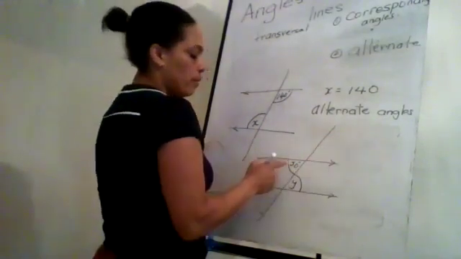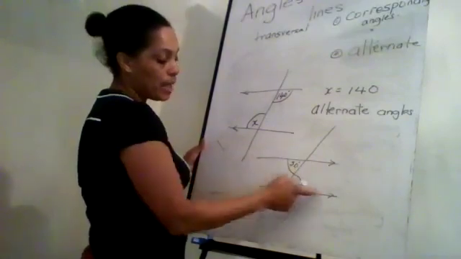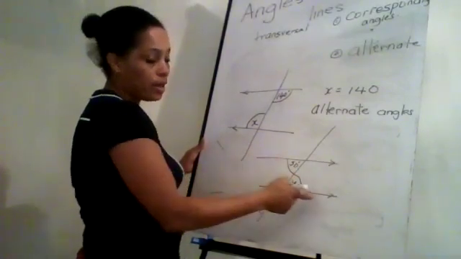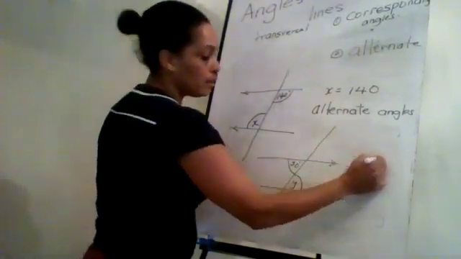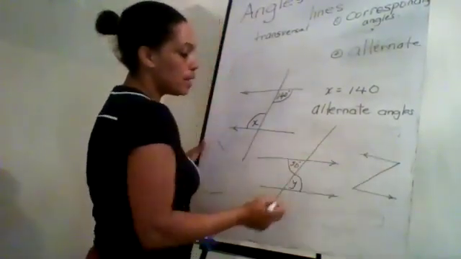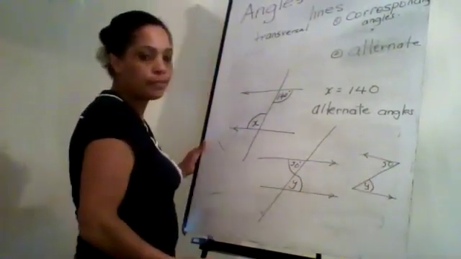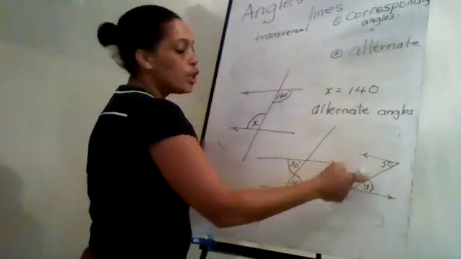So if here we have two parallel lines, we can visualize a Z right there with the arms of the Z being the parallel lines. That is 50, and I'm asked for this, which is Y. So these are alternate angles.